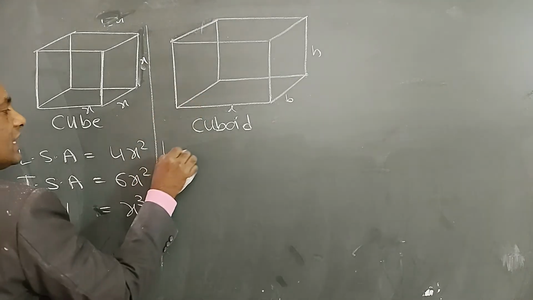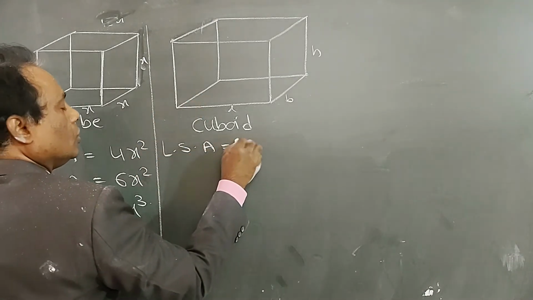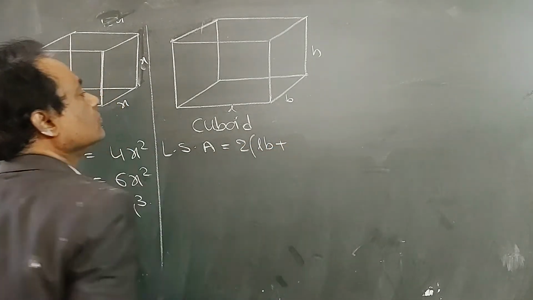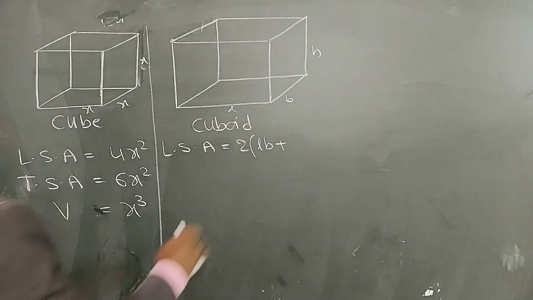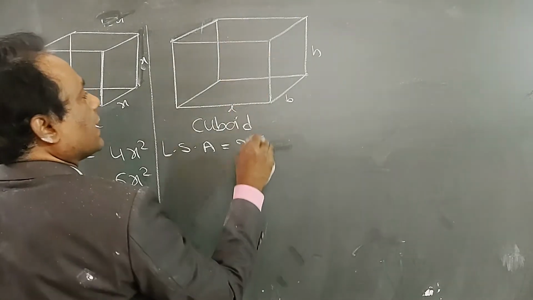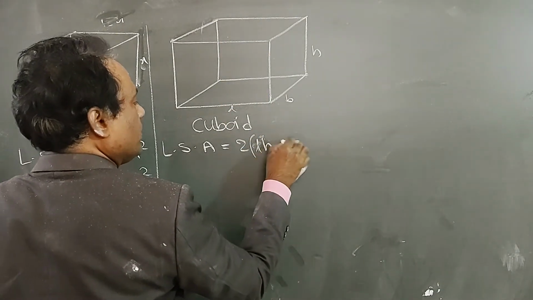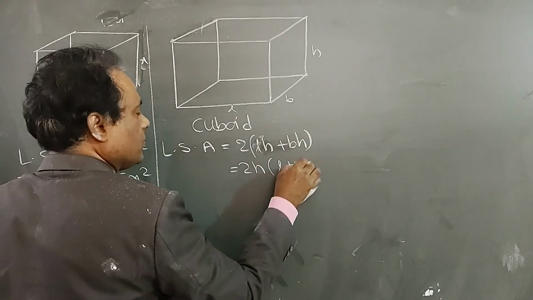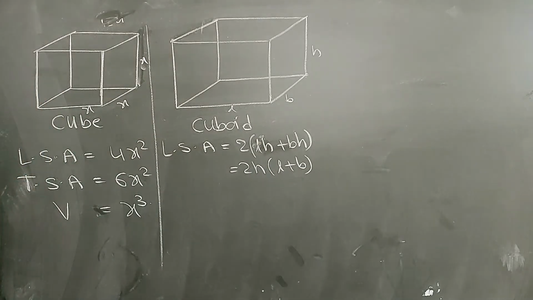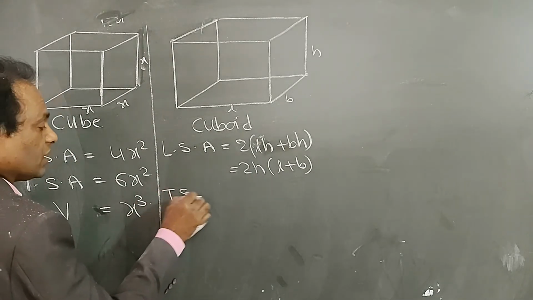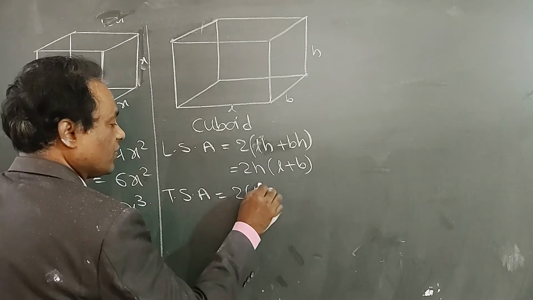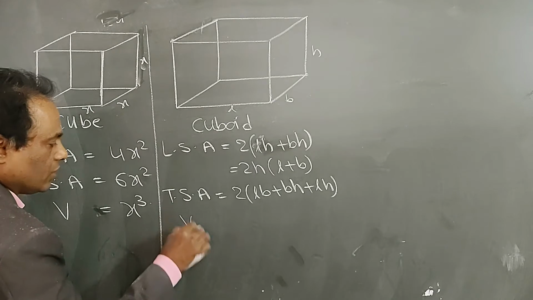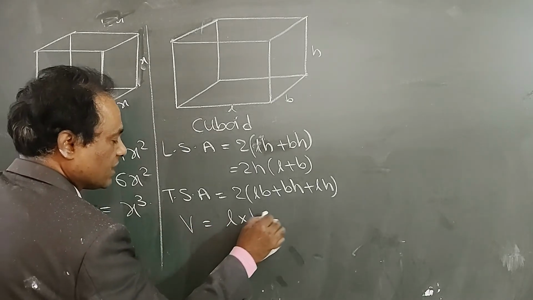In this case the lateral surface area is 2 times of (LH plus BH). This is the formula, students. 2H into (L plus B) also we can write. Total surface area is 2 times of (LB plus BH plus LH). And volume formula is length into breadth into height.